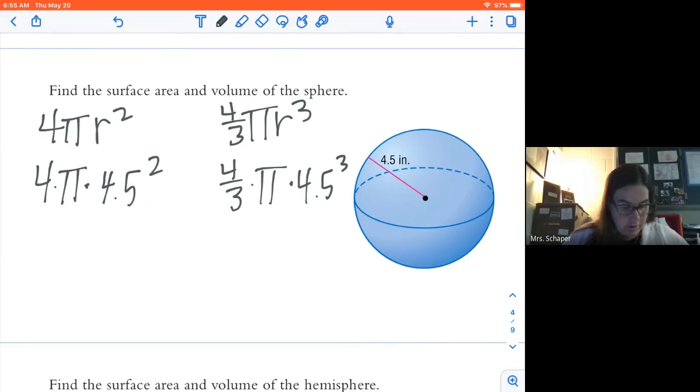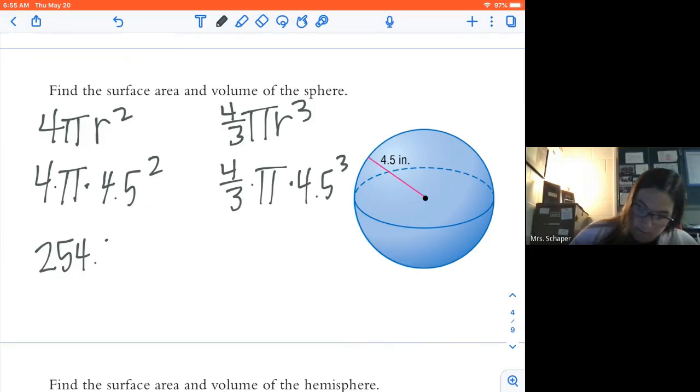So 4 times pi times 4.5 squared gives a surface area of 254.47 inches squared.